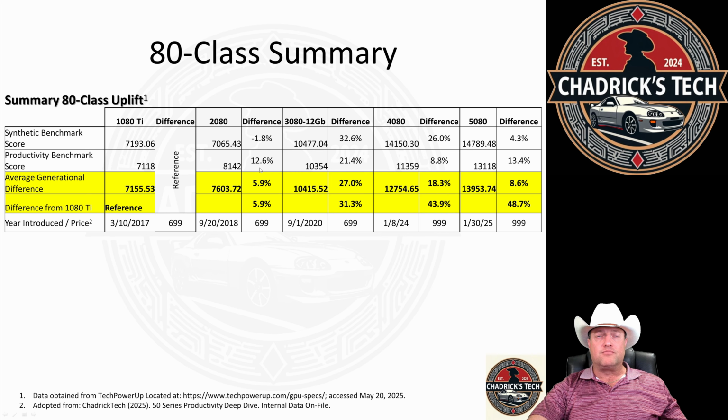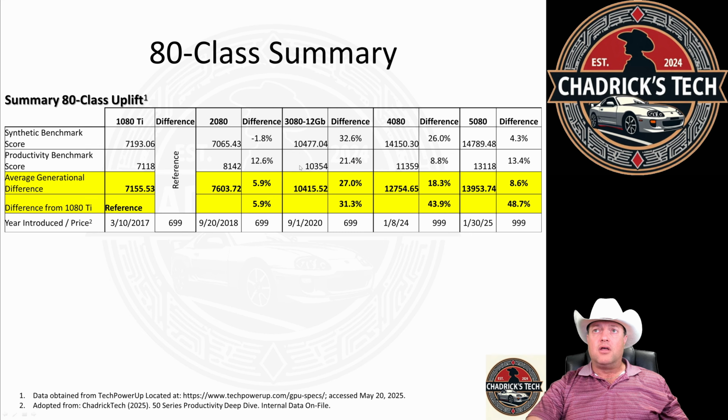Now, the productivity score is kind of carrying it. The synthetic score wasn't too good. So what about the 3080? You saw a 27% uplift, and now we're up to a total of 31% generational performance uplift.